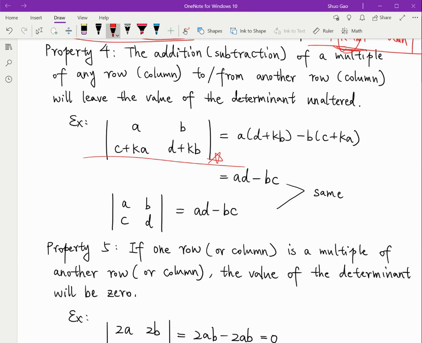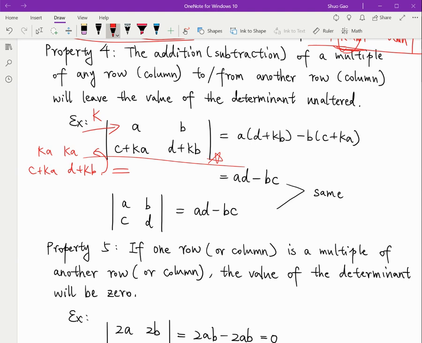What we can do using property 4 is to multiply the first row by K and then subtract it from the second row. Right, so the first row will become KA and KB. The second row is still C plus KA, D plus KB.